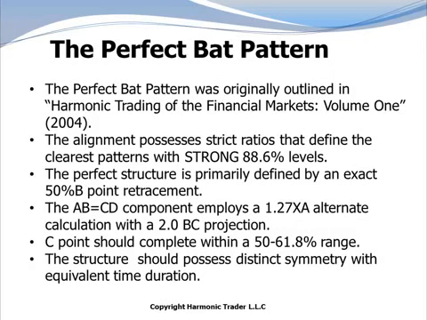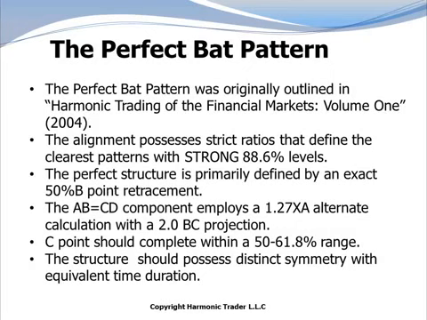The perfect structure is primarily defined by an exact 50% B-point retracement. The ABCD component employs a 1.27 XA alternate calculation with a 2.0 BC projection. Now, these two other measurements are the only measurements in the perfect structure that can combine with the 0.886 retracement.